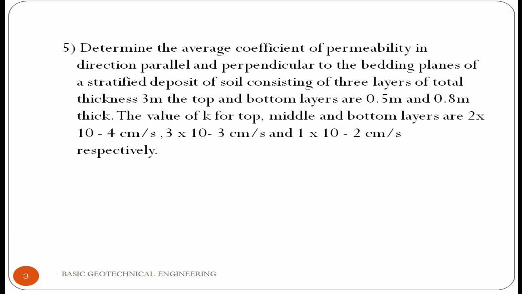So here, as per the given data, first of all we need to check the data given here, and we need to determine the average coefficient of permeability in direction parallel and perpendicular to the bedding planes. So here the given data is: the number of layers is 3.